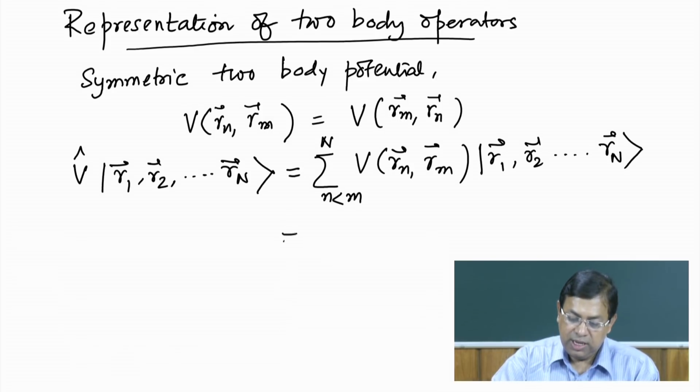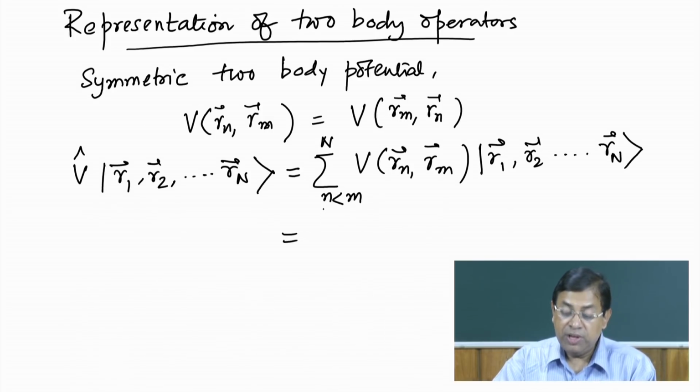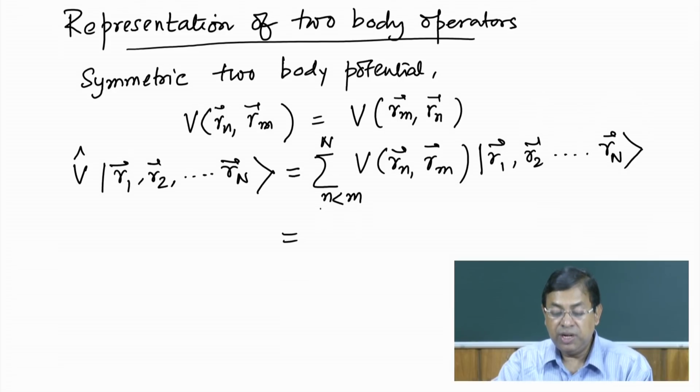So, this is where we had to restrict the sum to all n values which are less than m. Otherwise, we would be double counting, because V R N R M is same as V R M R N. If we do not have this constraint, then we would be double counting this interaction term.